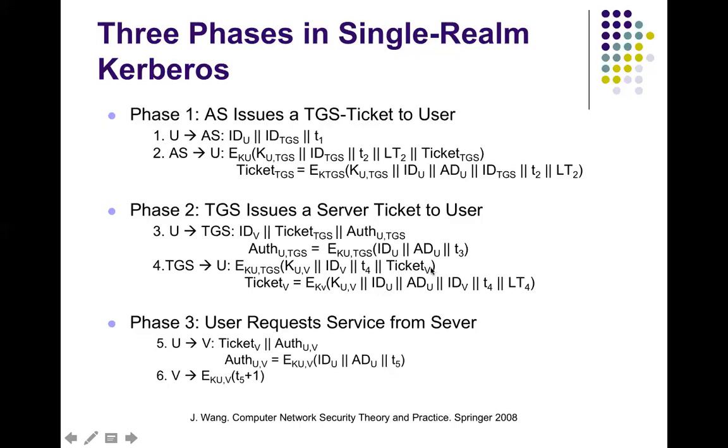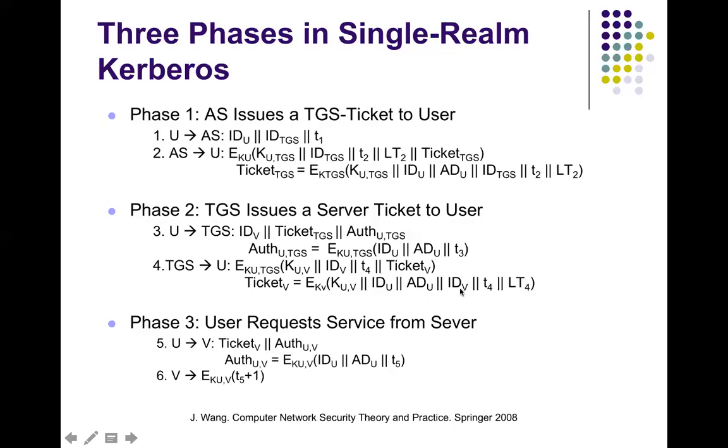So that's ticket sub V. And of course, as you can see here, the most important part is the session key it generates between user U and V. The other information indicates this is for user U, user U's ID and the address of his computer, and server V, and then this ticket is issued at timestamp T4, and the expiration time for this ticket is LT sub 4.